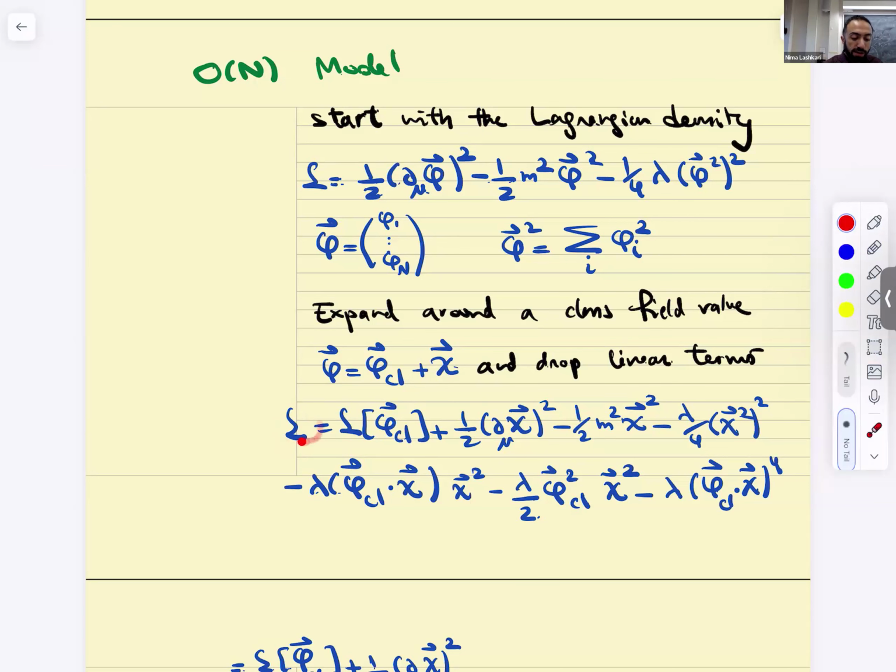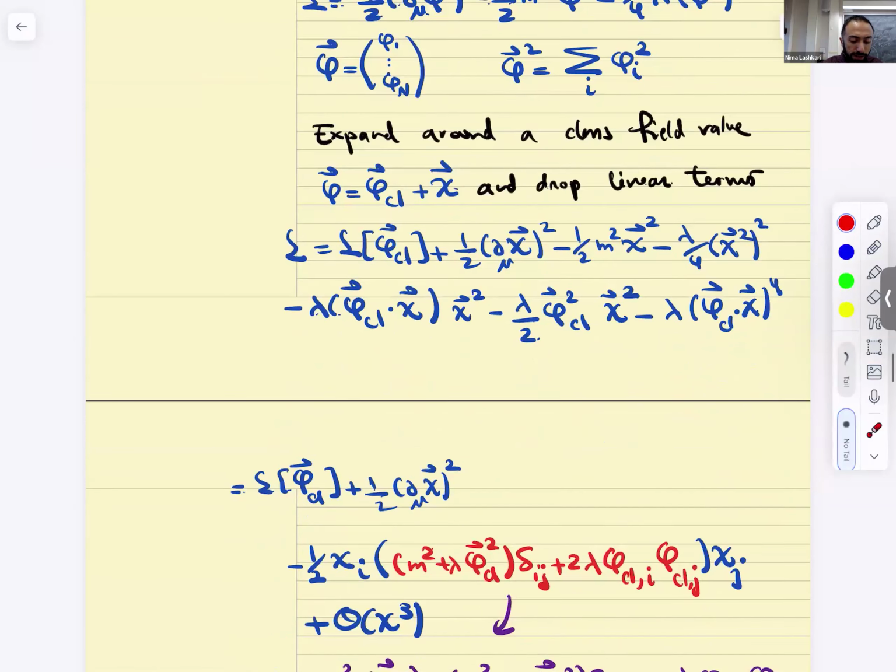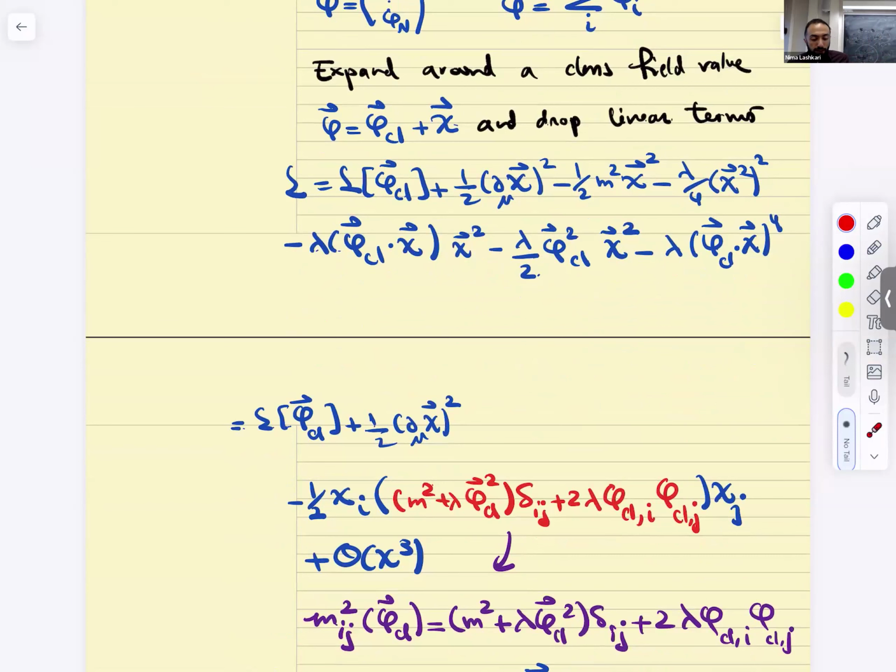So the Lagrangian in this expansion looks like the Lagrangian of phi classical plus the dynamical fluctuating field. The field with thermal fluctuation is this chi. Now, phi classical contributes to the action for chi in the following way. I've written it more generally in terms of the dot product because they're both vectors.